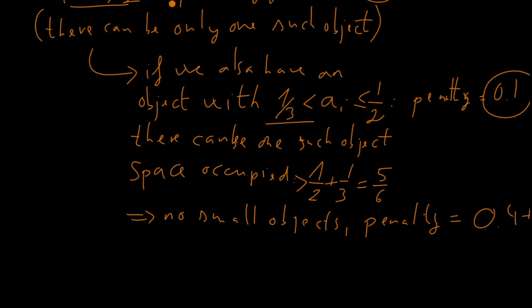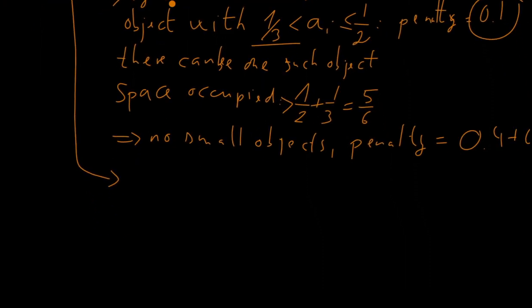Now the second subcase is that when we have a large object but we don't have a medium object, then, well, we can have one small object.